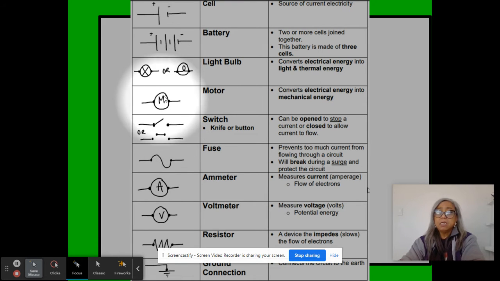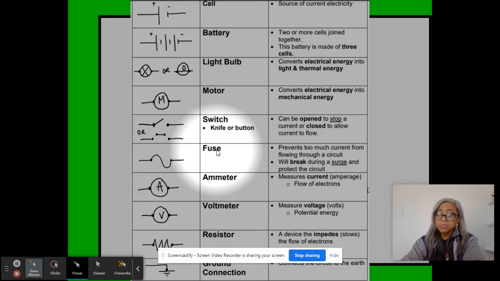At times you might see the word motor in the problem. What is that? It's a converter. It converts electrical energy into mechanical energy. And of course, you have the switch. It is open, so there is a break here, or it is closed, right? So it can be open to stop a current or closed to allow current to flow.